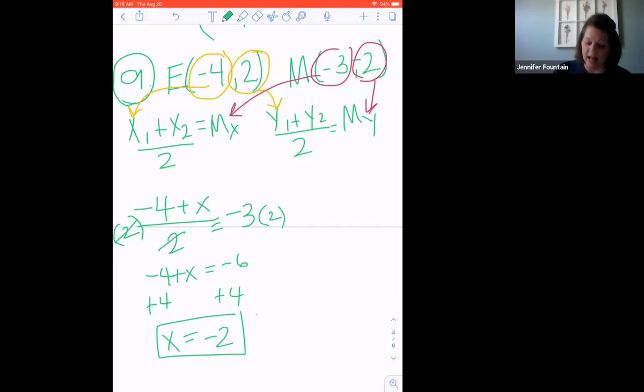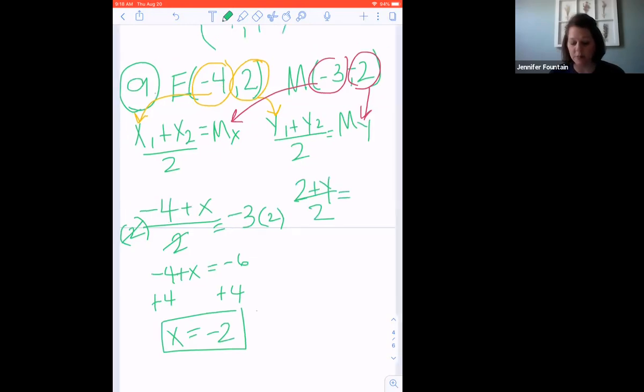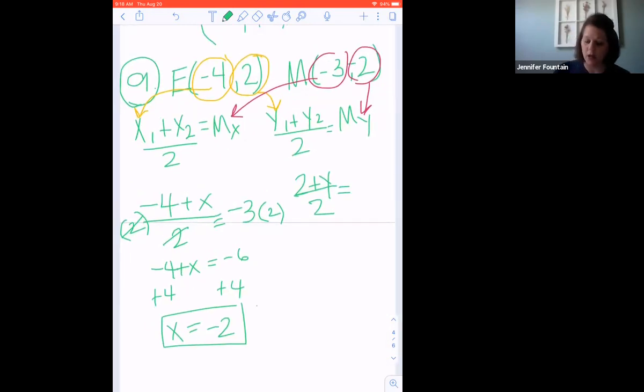Same thing for y. I can see that I'm plugging in 2 for y, so I'm going to have 2 plus y divided by 2 is equal to, now I've got a -2 that is being used for my value of the midpoint of y. Again, I've got to multiply both sides by 2 to be able to clear that denominator. So now I have 2 plus y is equal to -2 times +2 will give me a -4 since they're opposite signs.